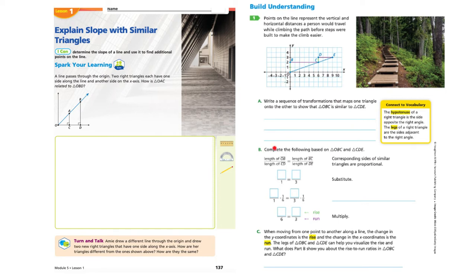And what they're showing you in this problem overall in B is they're getting you started on making a proof where you're proving something going through steps. So they tell you in this first one that this is true because corresponding sides of similar triangles are proportional. And when you plug those numbers in, you're just using substitution. Here in this next step, this is going to be this, and this is this again, so you'll fill in those same numbers.